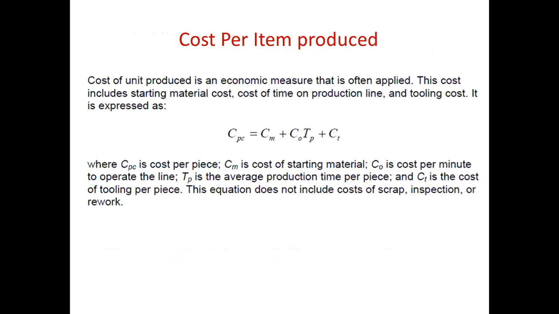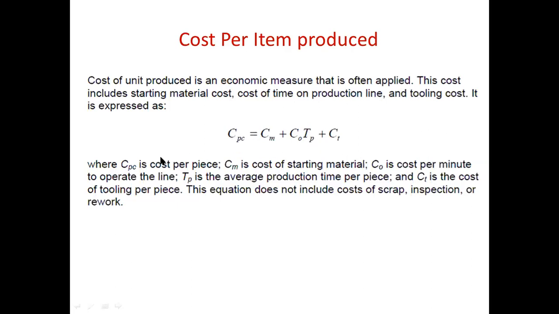Next, we have to calculate the cost per item produced. The cost of a unit produced is an economic measure that is often applied. This cost includes starting material cost, cost of time on the production line, and tooling cost. Therefore, we can calculate the production cost as CPC equals CM plus CO into TP plus CT.